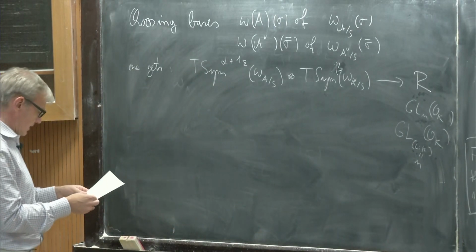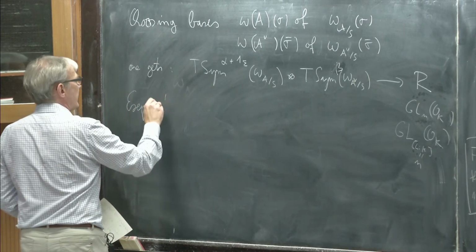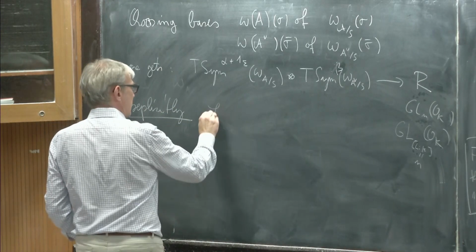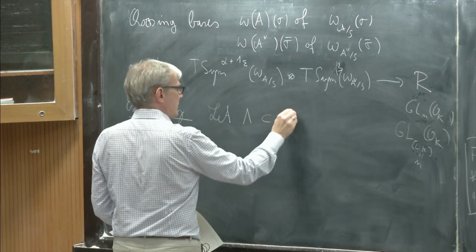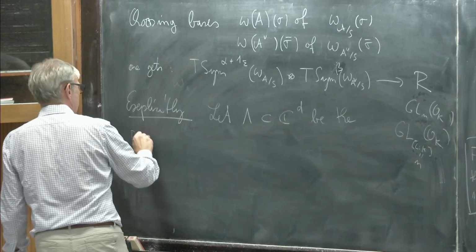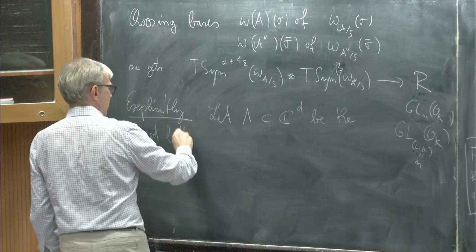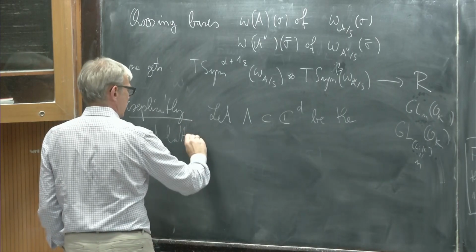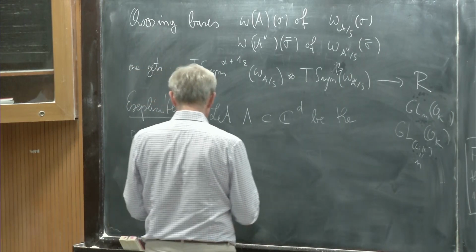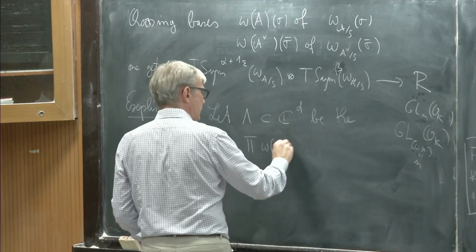Now let me write down explicitly what we get. For this, let lambda in C to the D be the period lattice of the map attached to this basis omega A sigma.